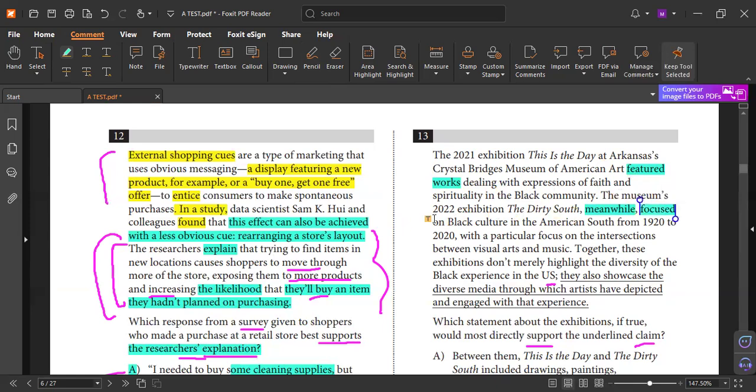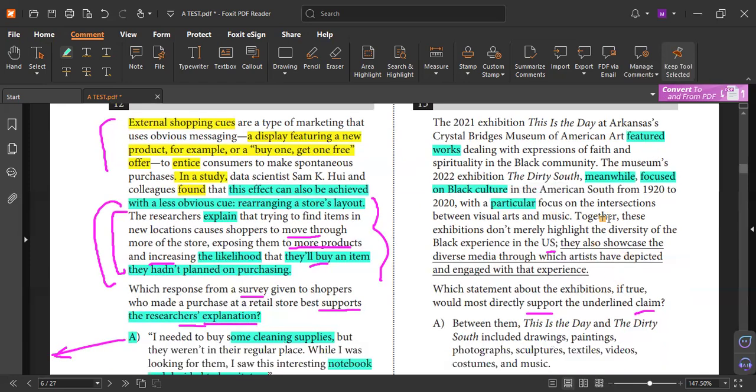Meanwhile, focused on Black culture in the American South from 1922. So one featured work dealing and the other one focused on the Black culture. That's why we have meanwhile. He said with a particular focus on the intersections between visual arts and music. Okay, so he said particularly or specific.